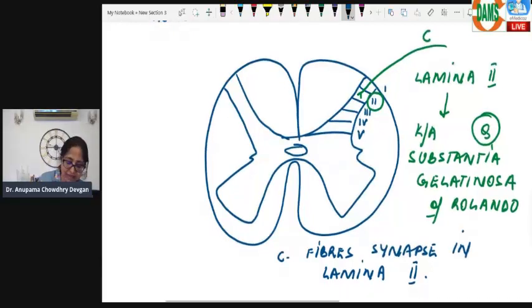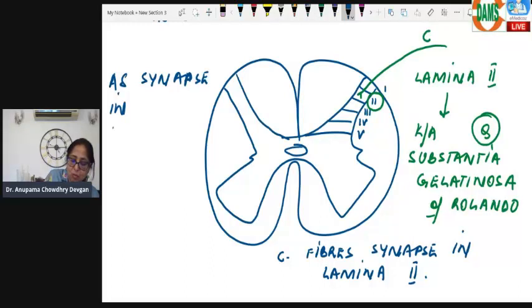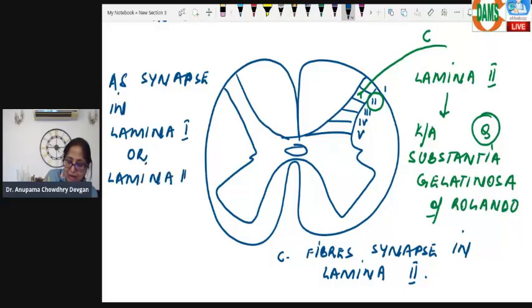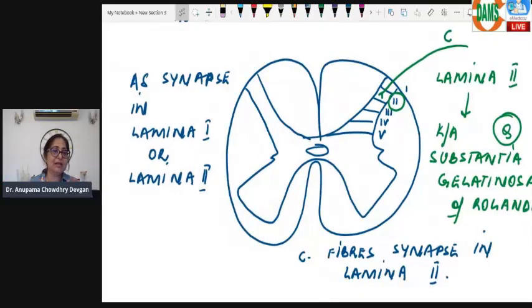But if you look at the A delta fibers, they synapse in lamina 1 or even in lamina 5. Not in lamina 2. Lamina 2 is specifically meant for the C fibers. A delta fibers will synapse either in lamina 1 or in lamina 5, right?